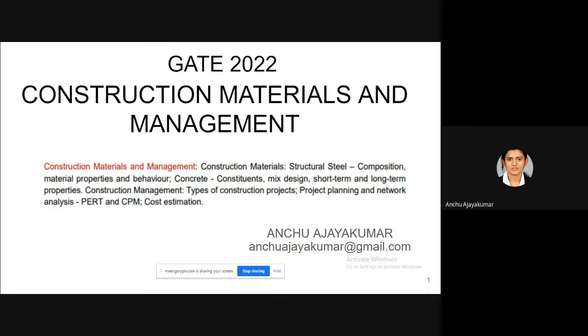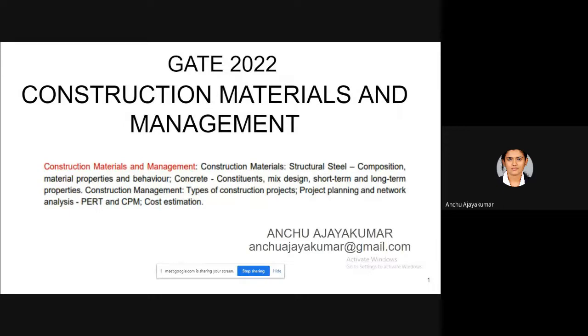In our syllabus we have to cover construction materials like steel and timber. Questions from timber, steel, concrete, and bitumen sections are most common. In the planning or management section, you can expect questions from the network diagram, the critical path method, or the crashing problem. You can expect questions from the materials side as well as the network diagram side.